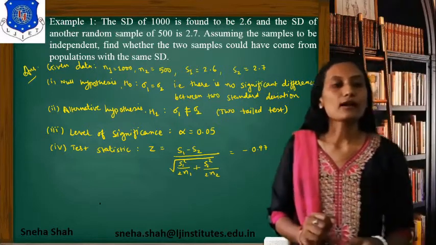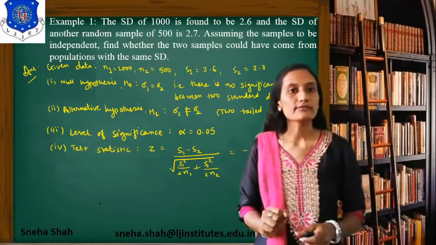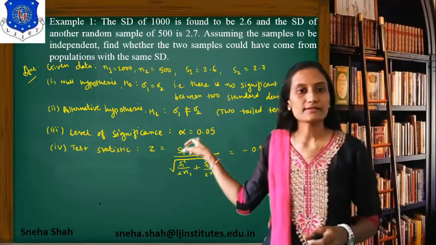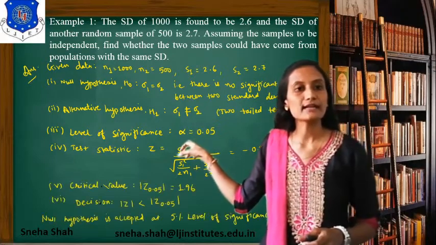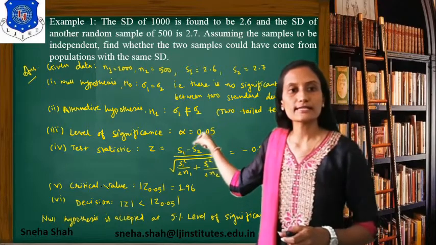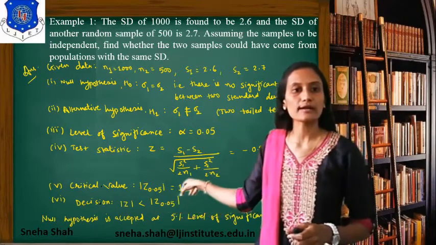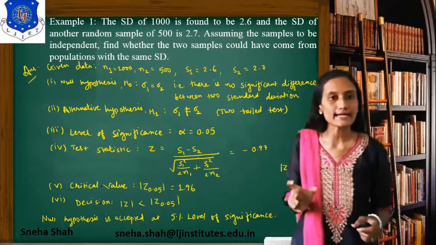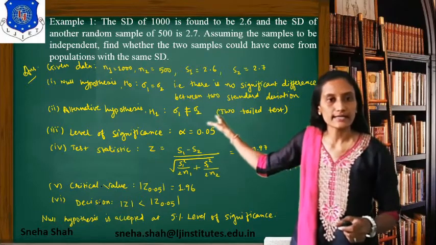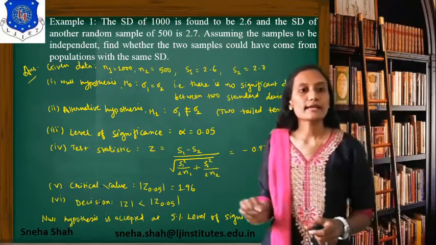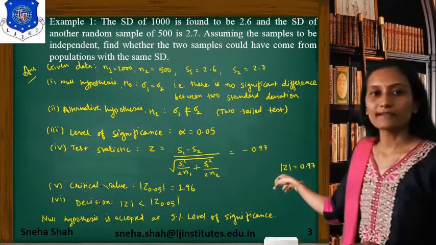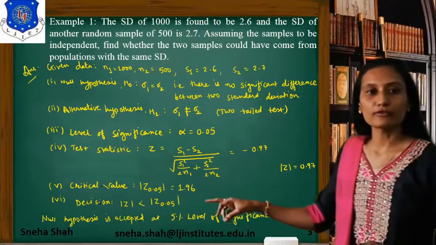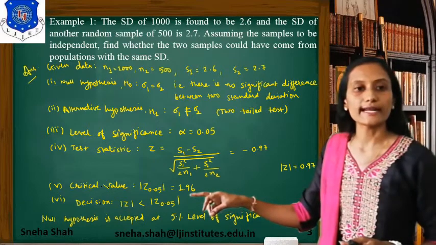Now we find the critical value of Z at this level of significance. So we find the critical value at Z 0.05, and its value equals 1.96 from the Z table for this two-tailed test. Now you can see that the value of mod Z equals 0.97 and the value of mod Z 0.05 is 1.96, right?